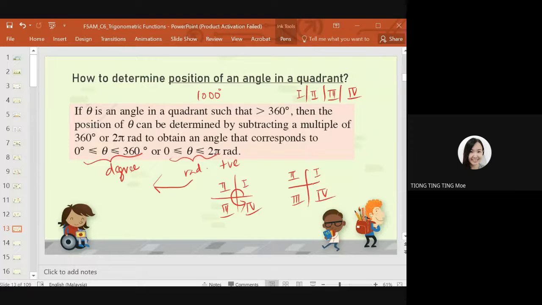Then for negative numbers, it will move like this. This one you can remember. You have to know this first, then we can move on. Can continue?